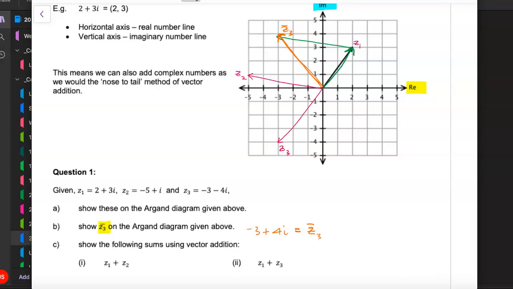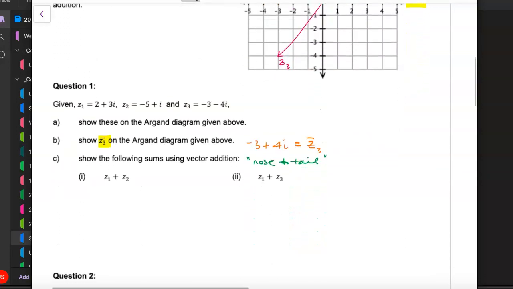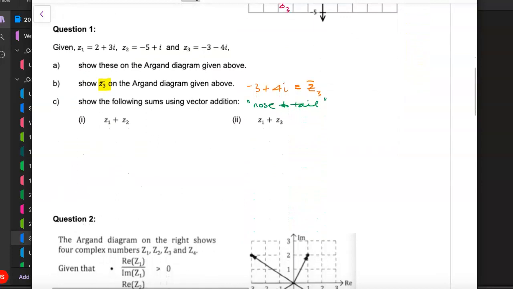And this is using the idea of vector addition, putting our complex numbers nose to tail on our diagram. So we should find that when we add z1 and z2 together, they will in fact give us negative 3 plus 4i. And we can see that by completing that addition by hand.